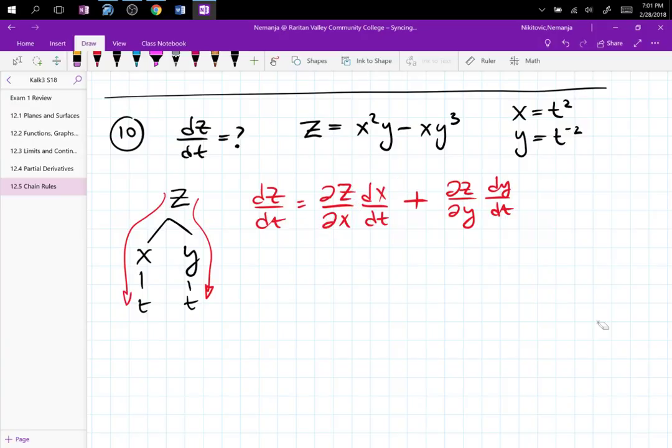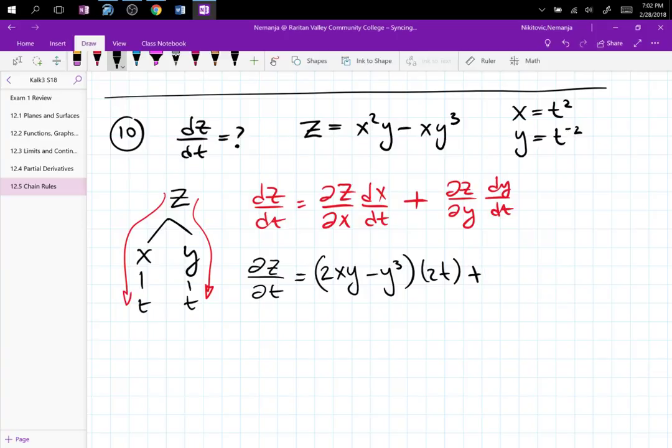Now I'm going to use the formula. dz dt is going to be partial with respect to x, so that's 2xy minus y cubed times dx dt, which is just 2t.